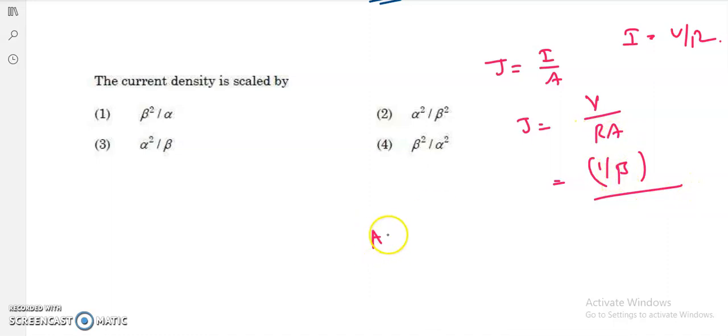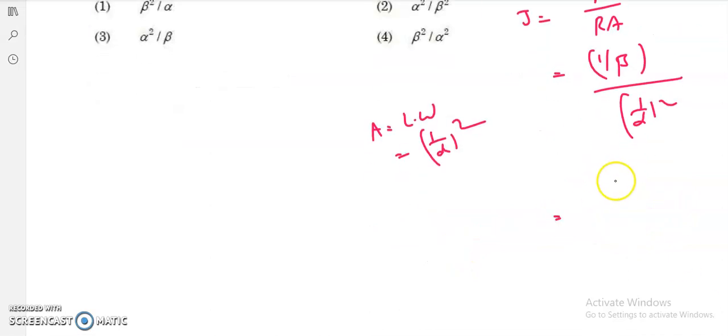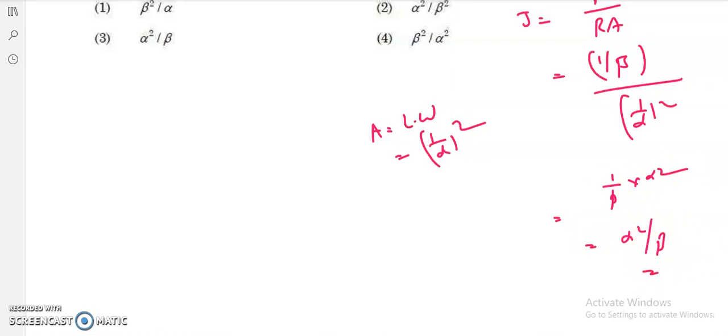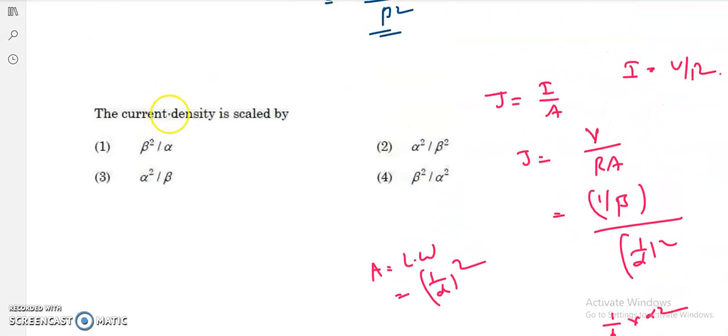The area is, as I previously told, the product of the length and width of the channel, that is 1 divided by alpha whole square. So it becomes 1 divided by beta into alpha square. So alpha square by beta is the correct answer for the current density.